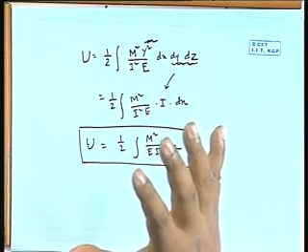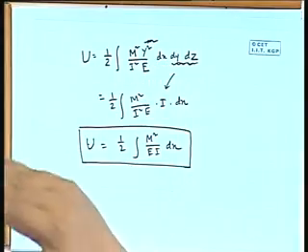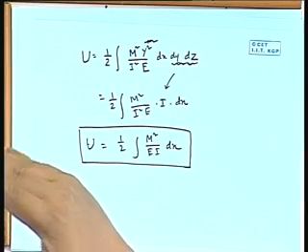Now, if you try to compare with your basic expression of strain energy, that was half sigma into epsilon dx. Here, the analogous term of sigma you can think is bending moment M, and M square is M into M. You can write this M into M by EI. M by EI is what? d2y by dx square.